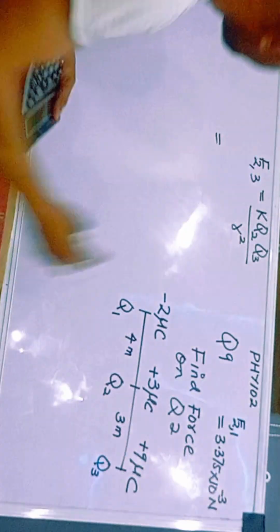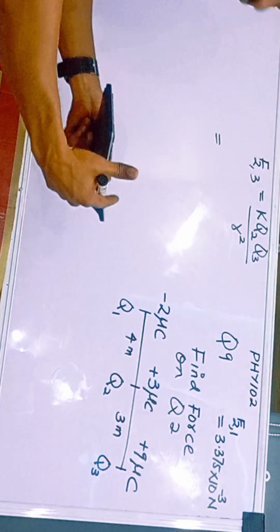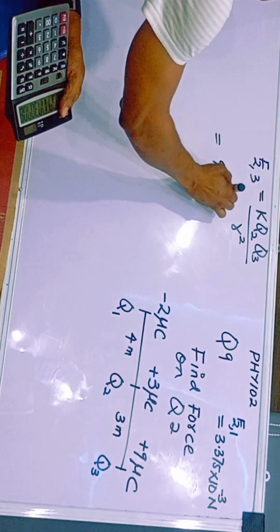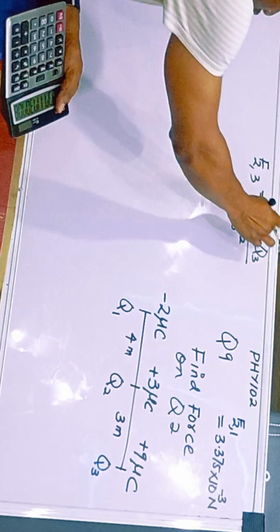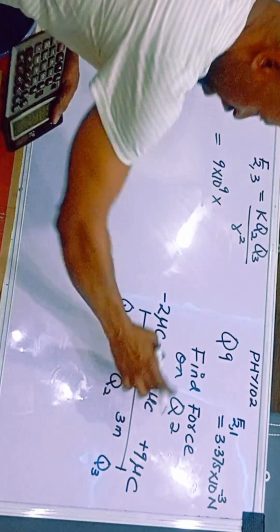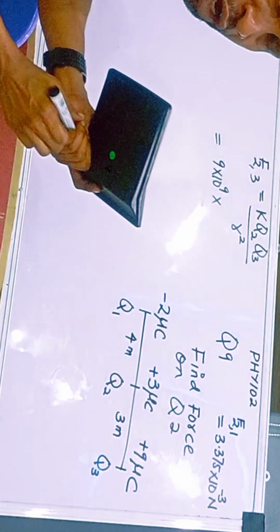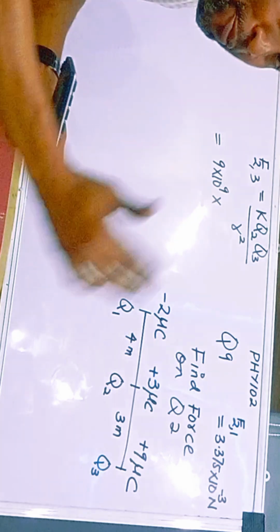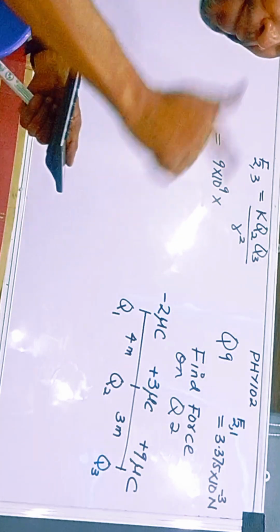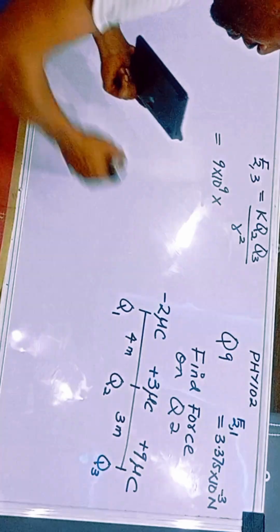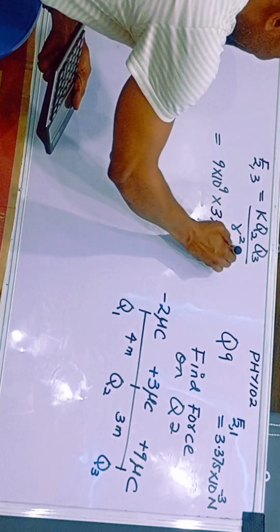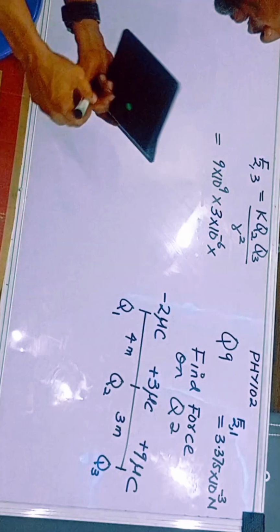Let's substitute. Let's be very fast. What's K? You're beginning to mature in the topic. So what's K? 9 times 10 raised to power 9. It's a constant. Q2. Look at the value here. Plus 3 microcoulomb. But remember, you need to convert from microcoulomb to coulomb by multiplying by 10 raised to power minus 6. So that's going to be 3 times 10 raised to power minus 6 times Q3.